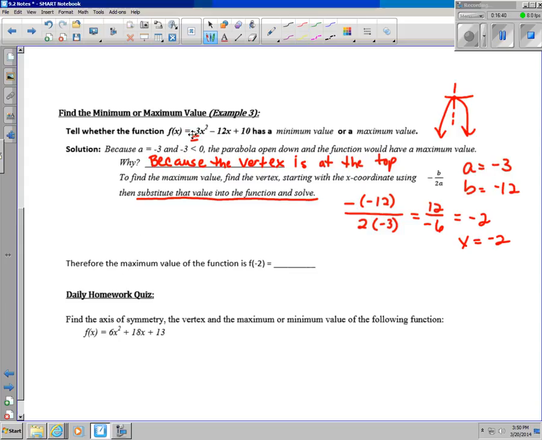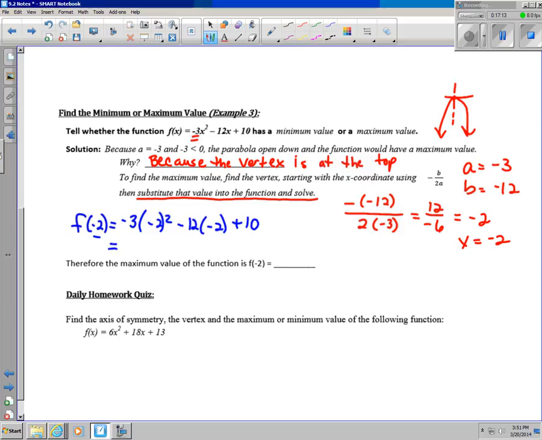So let's solve for y here. Actually, I'm going to put it like this: f of negative 2, because that's really what we're doing. We're substituting into f of x. Our x is now negative 2. So everywhere I see an x, I'm going to put a negative 2. So negative 3 times negative 2 squared minus 12 times negative 2 plus 10.